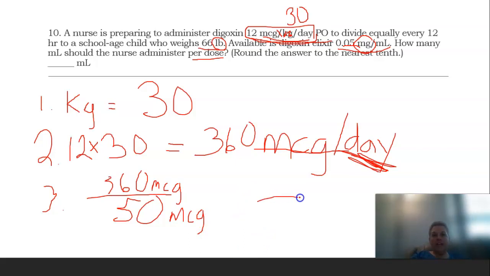Or I could set it up the other way and say the 360, these 360, I could say 1, 2, 3, and that would be 0.36. And that would be my... leave that down there.